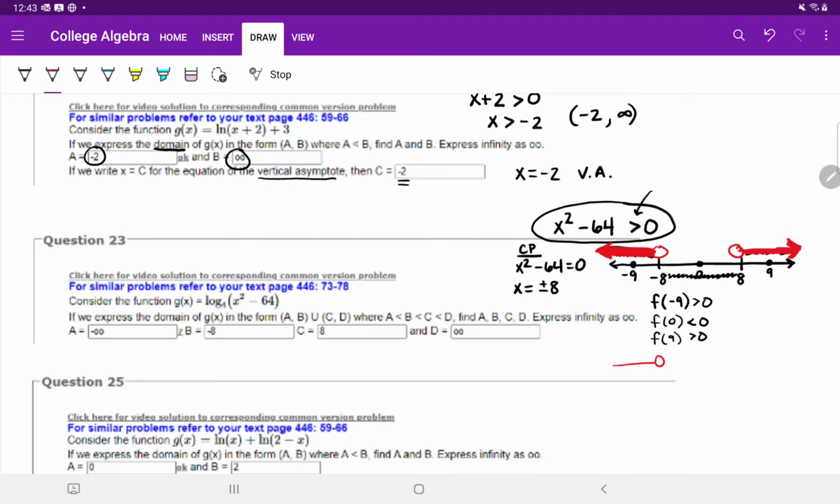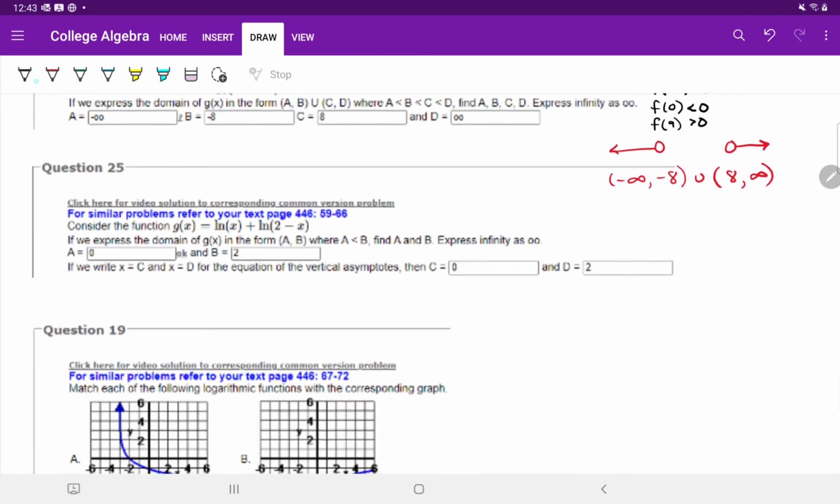So the domain is negative infinity up to -8, parentheses, union 8 to positive infinity. So this is a bit of a recap of a skill we learned last week that's helping us now find domain in a logarithmic problem. All right, so you put in your A, your B, your C, and your D, and that's all this problem asks you to do.